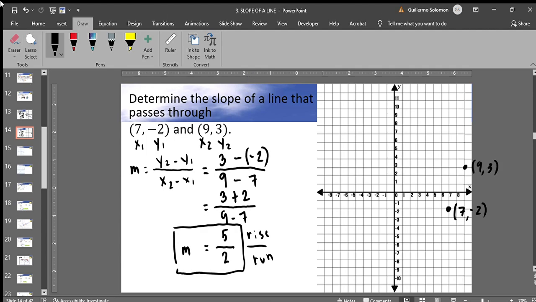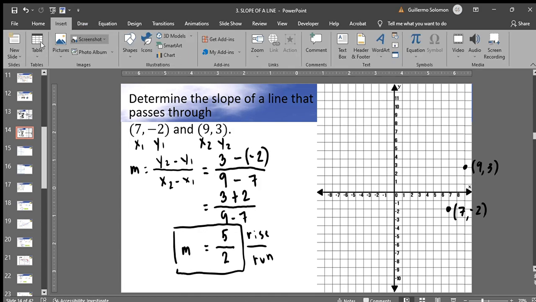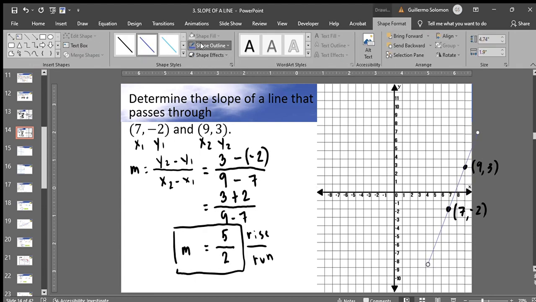Okay, and then let us connect those points by a line. Change the color. Let us say that is red.